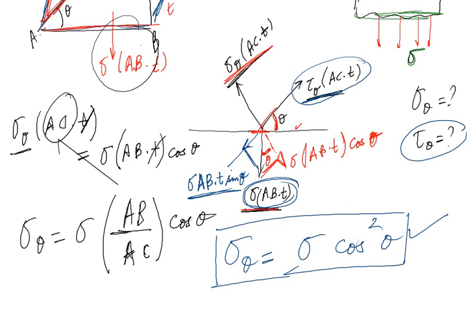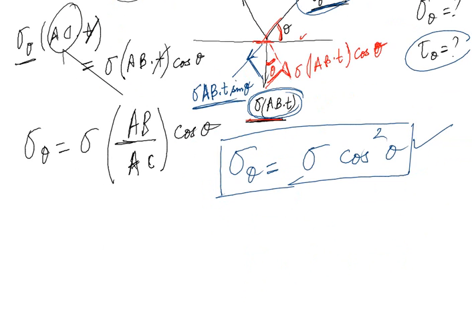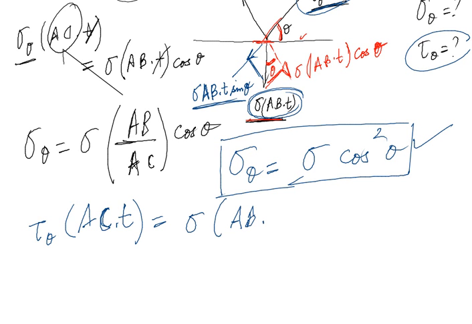Now if you equate them, we would get tau theta into AC into T equal to sigma into AB into T into sine theta. T and T are cancelled out.